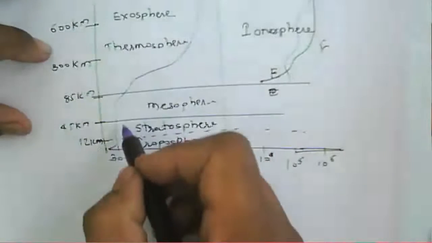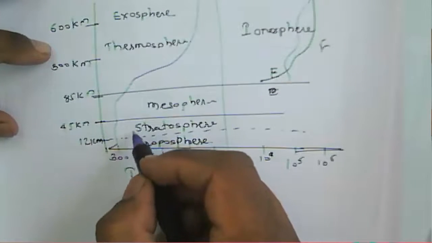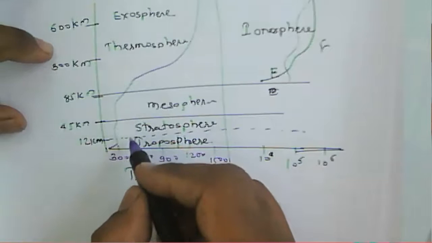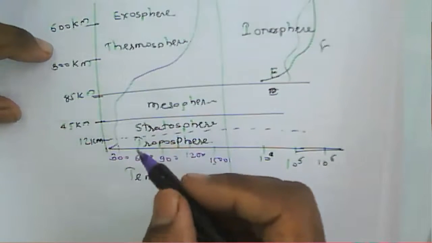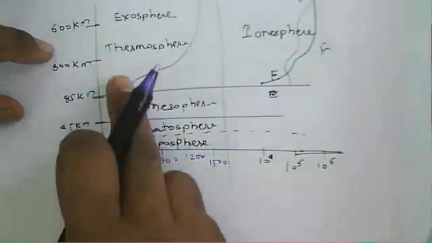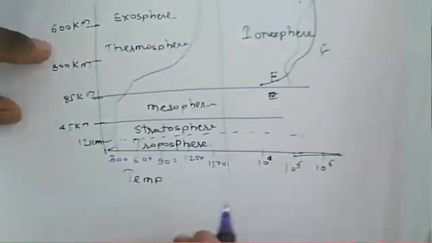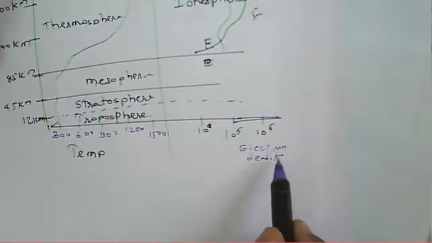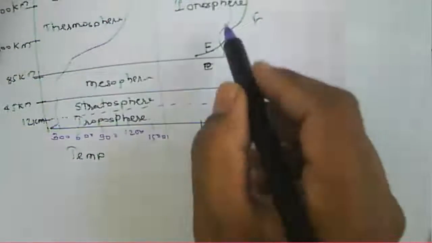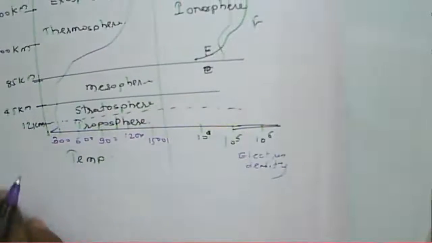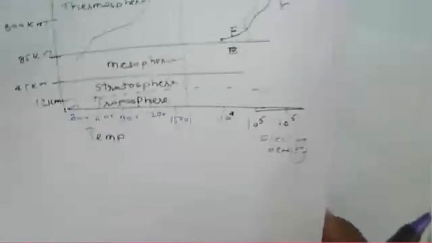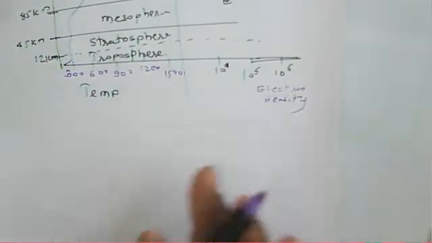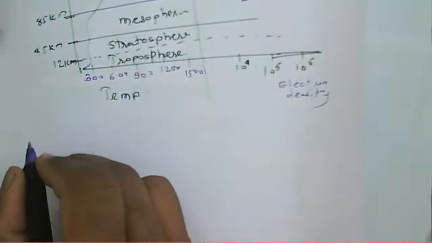This graph provides what the temperature will be with respect to height or at that particular layer. And again, what will happen to the electron density at this particular layer? That is about the propagation effect.